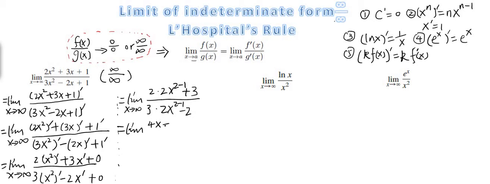4x plus 3, and in the denominator we have 6x minus 2.